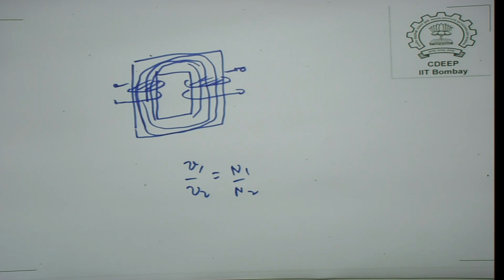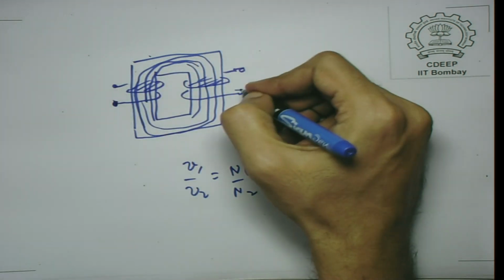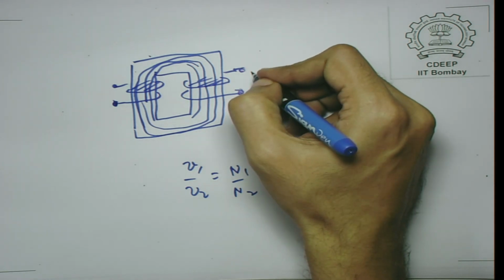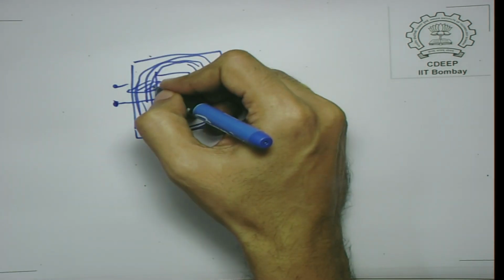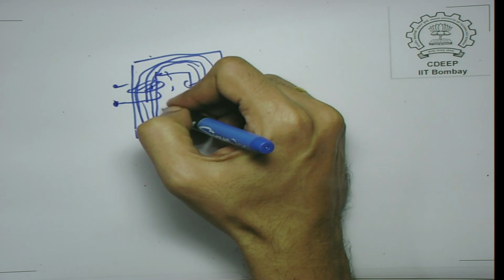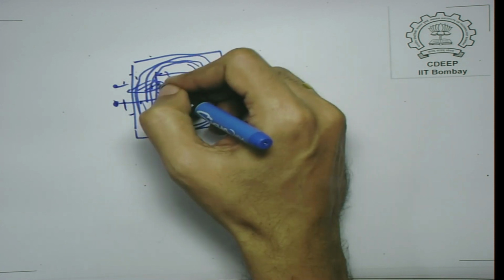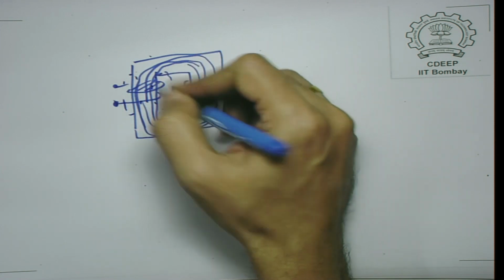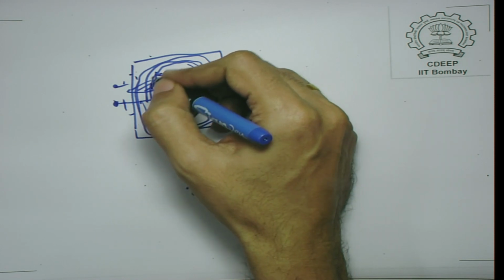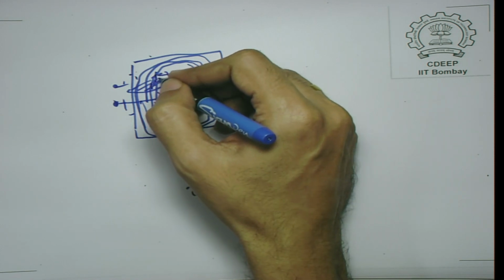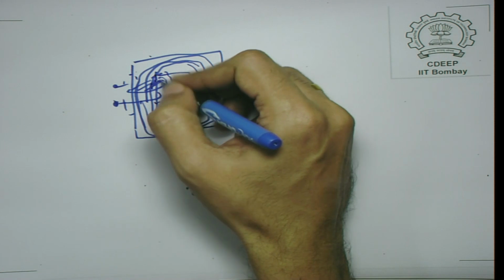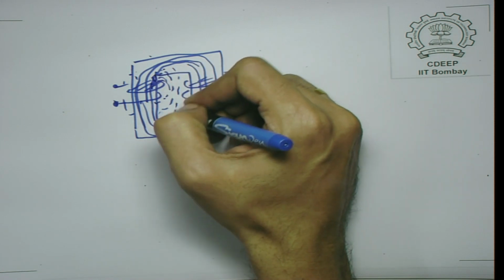Okay. Now, what we actually find is that all the flux does not necessarily link both windings. Okay. So, there could be some flux which is flowing partly in the ferromagnetic core and then going into the air, some of the flux going in this fashion.